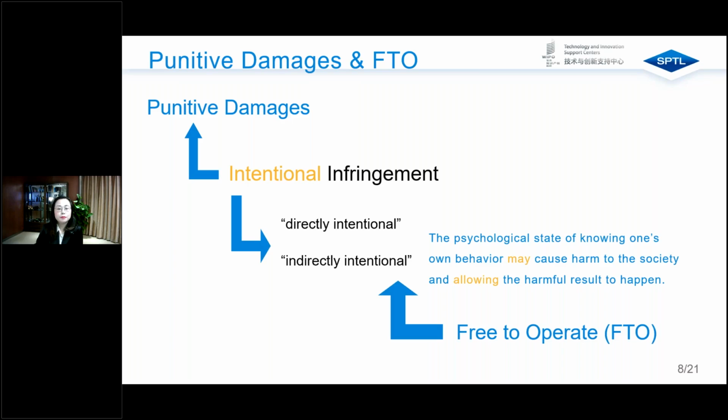As we all know, the main purpose of FTO is to make sure that it is commercially safe when a product enters into a new market. On one hand, at least FTO analysis can prove that one has taken preventive measures and does not allow the harmful result to happen, if there may be any.